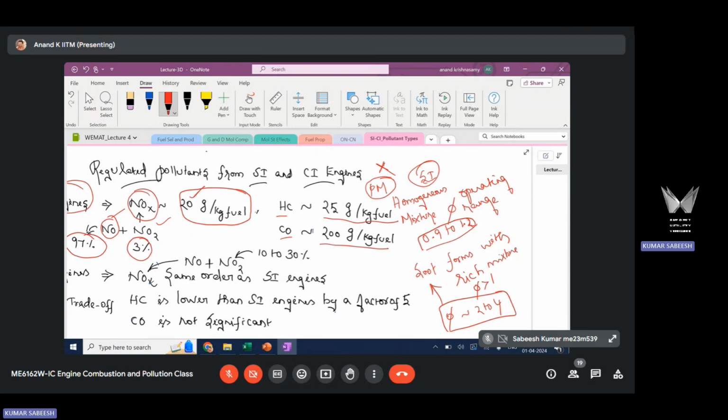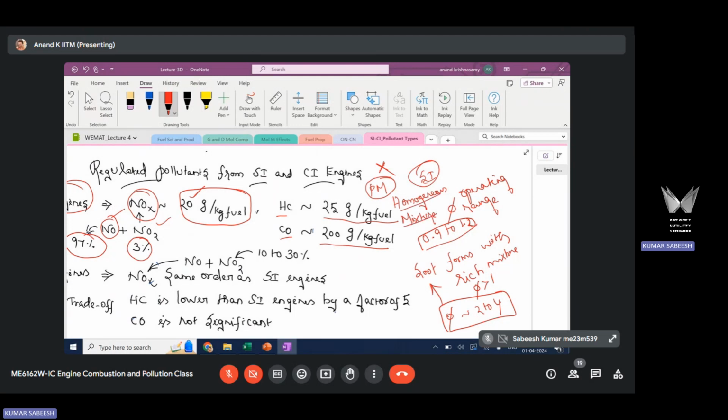In recent development, we have GDI, gasoline direct injection. If you directly inject fuel into the cylinder in an SI engine, similar to a CI engine, you may have particulate emission. Particulate emissions are observed in SI engines only in GDI, gasoline direct injection engines. A conventional spark ignited engine with port fuel injection doesn't have particulate emission, primarily because the mixture is homogeneous.